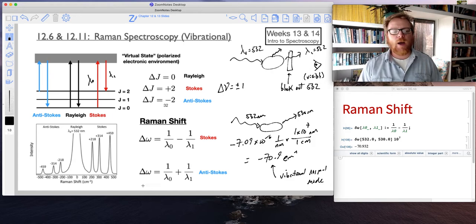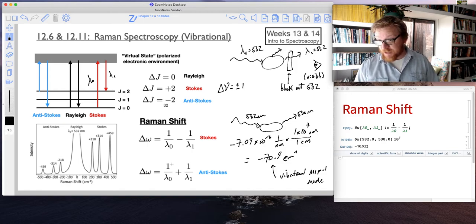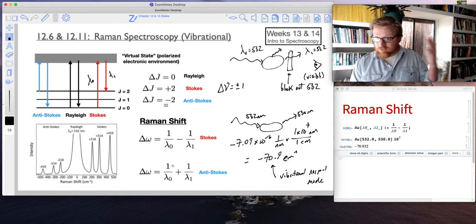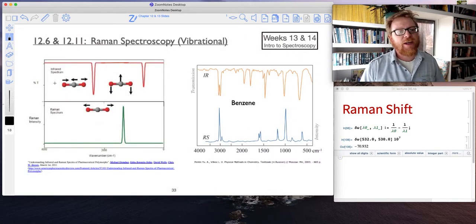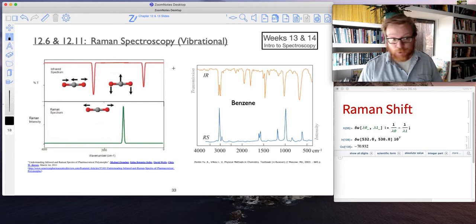And so typical Raman shifts are going to correspond to the vibration. So we're going to see Raman shifts that are like a couple thousand wave numbers, okay? So here's a great example. Here is the IR spectrum of CO2, where we're seeing the asymmetrical stretch and we're seeing the bend.